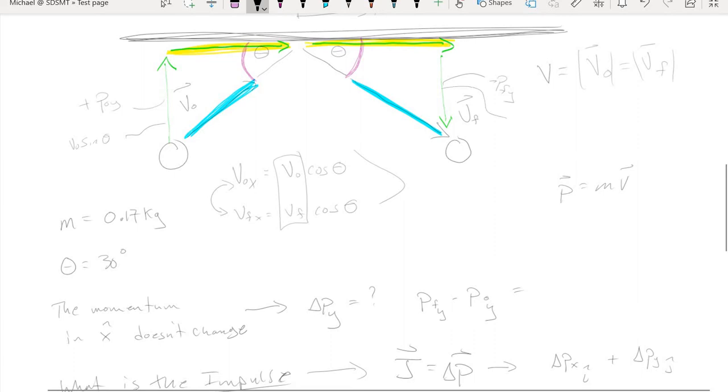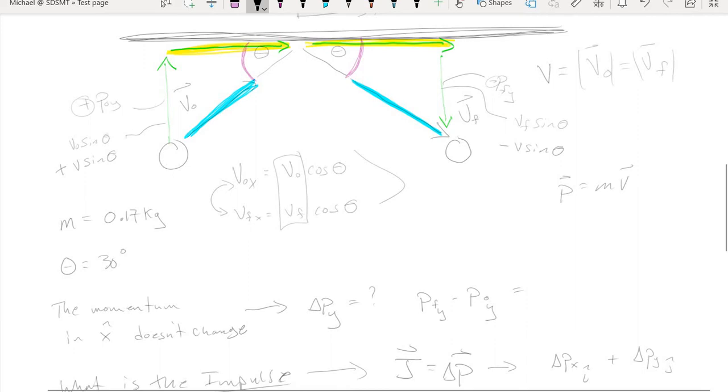This velocity component is v final sine theta, but the magnitudes of the velocities are the same. So what we really have is v sine theta and v sine theta. This one is positive because we're going to have a positive momentum. This one is negative because we're going to have a negative momentum.